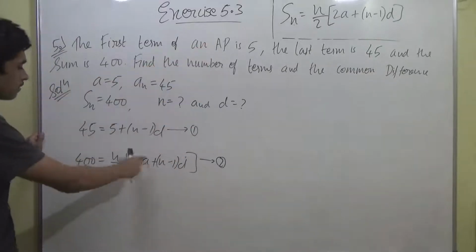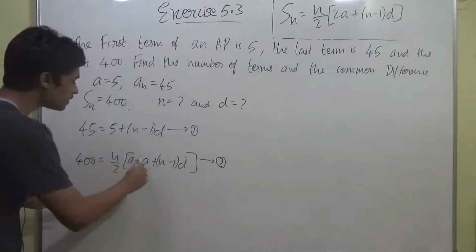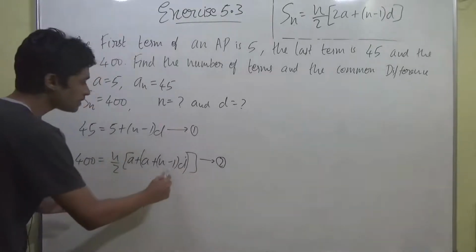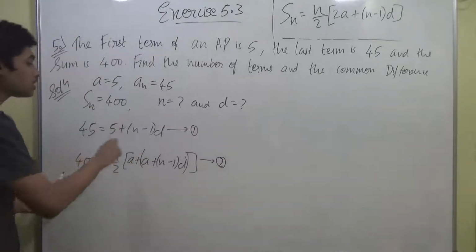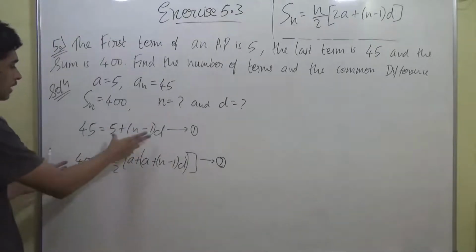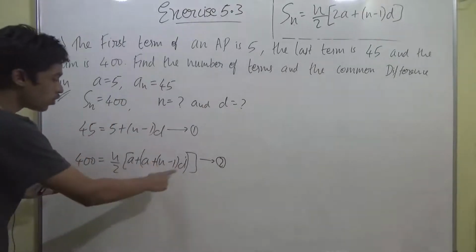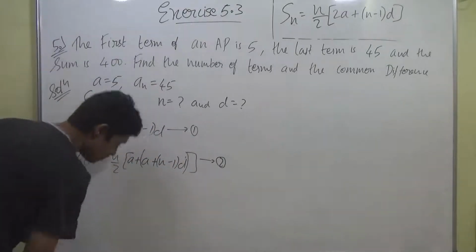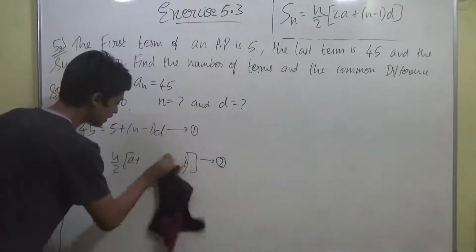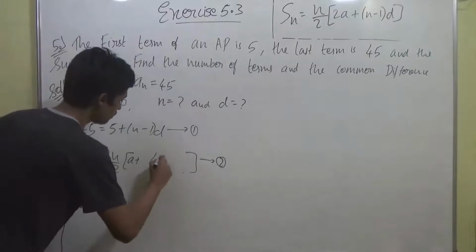Getting it guys? Inside the S of n formula, I have written it in this format. Now a plus n minus 1 into d becomes the last term, that is, it becomes a of n. So what is a of n? They have given it as 45. So instead of this whole thing, we can replace it with the number 45. Getting it guys?